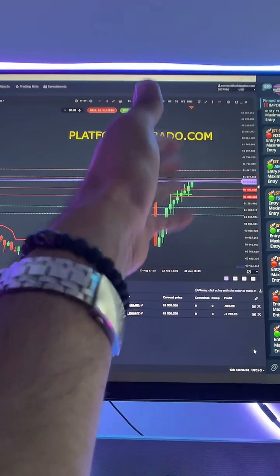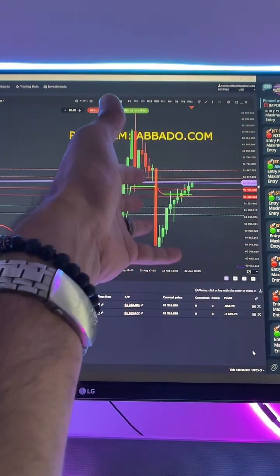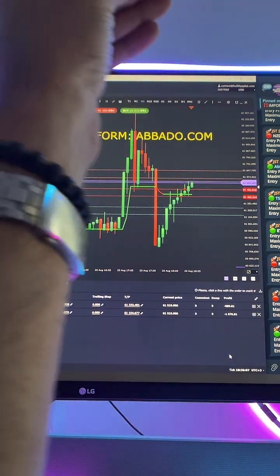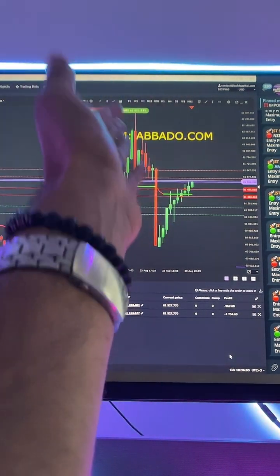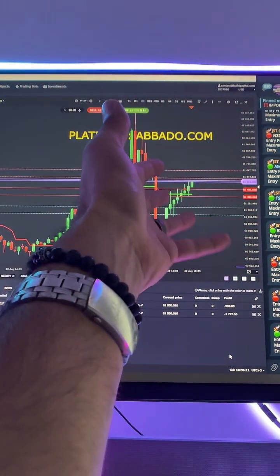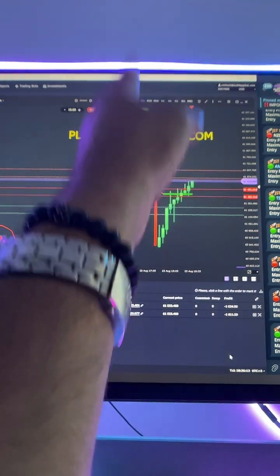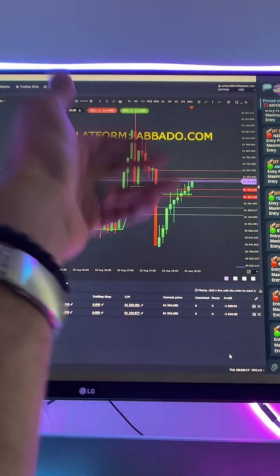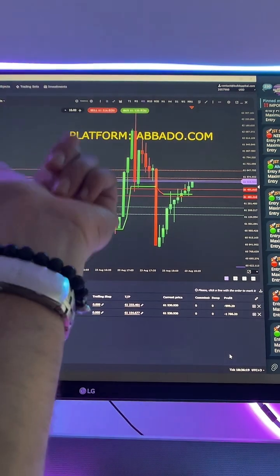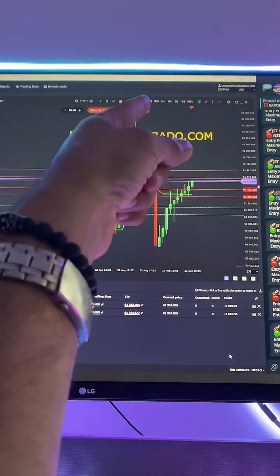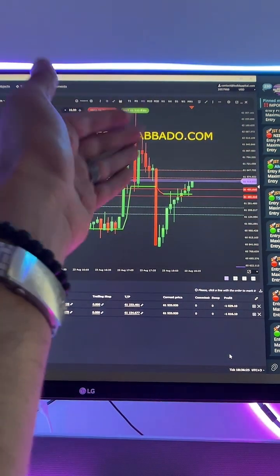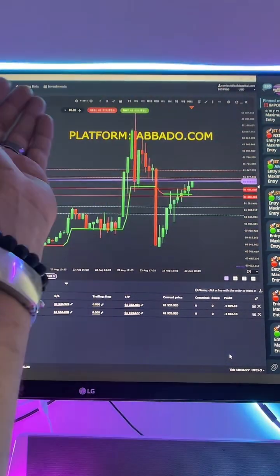Now, anyone that says they have an 80, 90, 100% win ratio, guys, they're straight up lying to you, because it is impossible to have such a high win ratio. It's physically impossible, because if we really look at the math, if you were able to double every single day, let's say you start with 1 cent and you doubled it every single day, I think by the end of the month you would have something like $16 million.